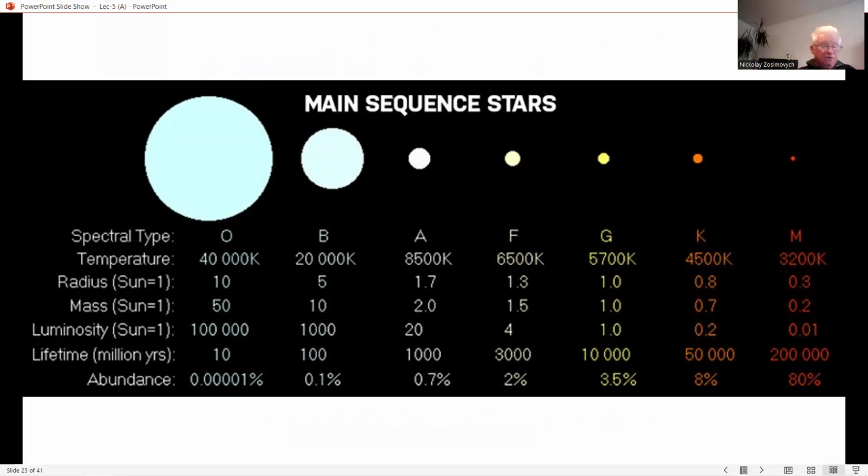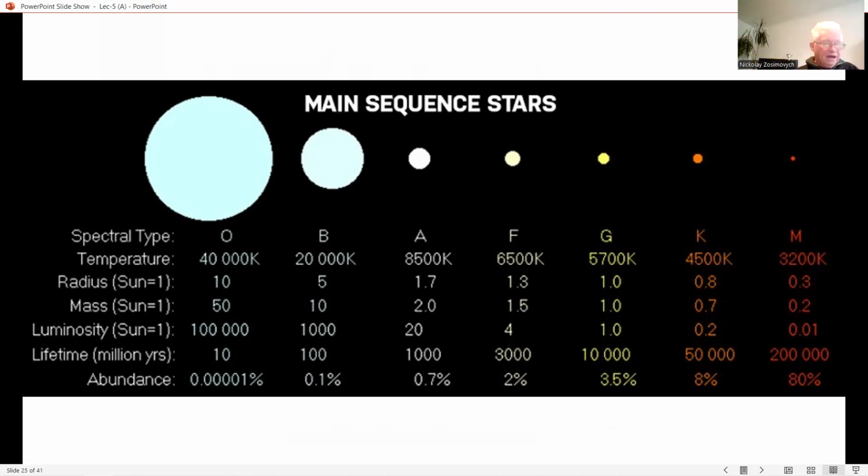The spectra were first classified into groups labeled A through Q, but some groups were later dropped, merged with others, or reordered. The final classification includes the 7 major spectral classes or types still used today: O, B, A, F, G, K, and M.